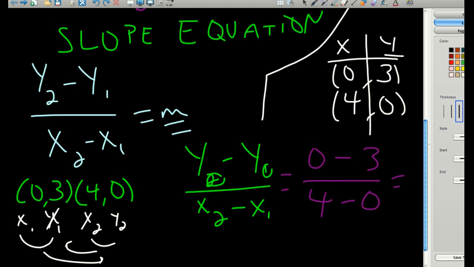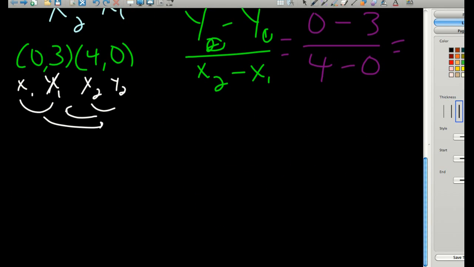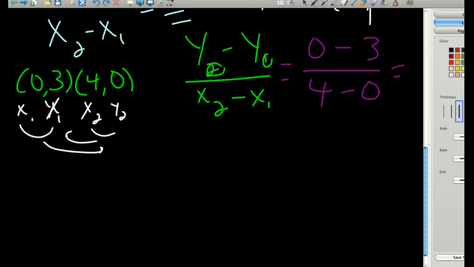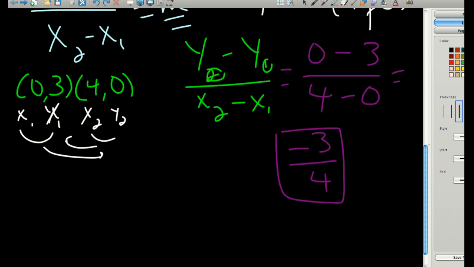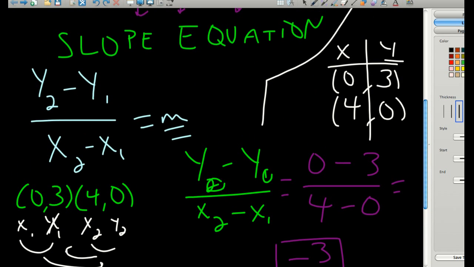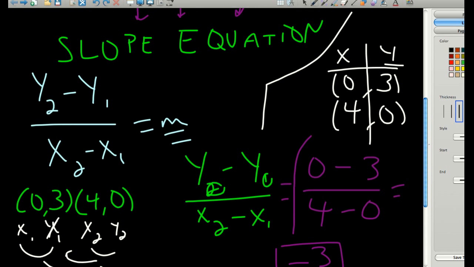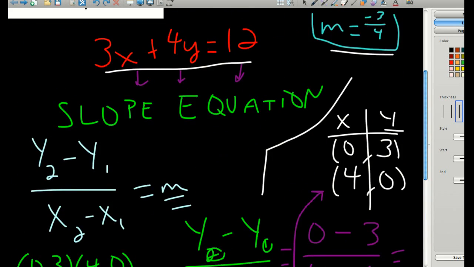So now we're going to get 0 minus 3, which is, if you know your negative numbers unit, negative 3, and 4 minus 0, oh, would you look at that, 4. These two correspond with each other. Huh. Well, isn't that thought-provoking?